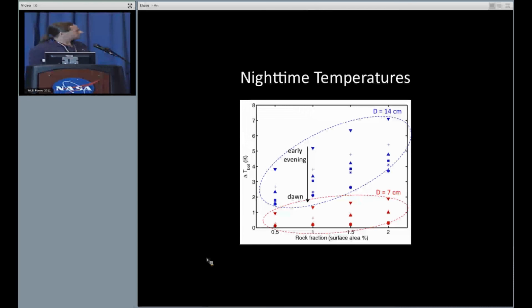And each symbol represents a different time throughout the night, going from early evening down to dawn. So the rocks are cooling, but you can see that the bigger rock is just a lot warmer. It stays warmer throughout the entire night. So it's not only rock fraction that's important, but the size of the rocks is quite important as well.